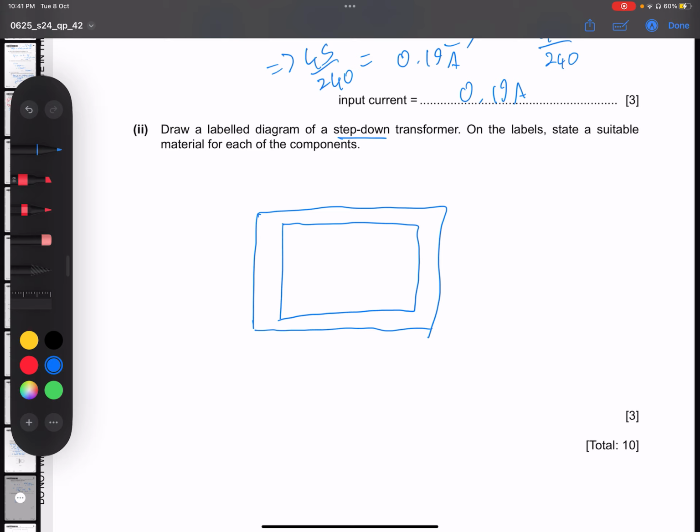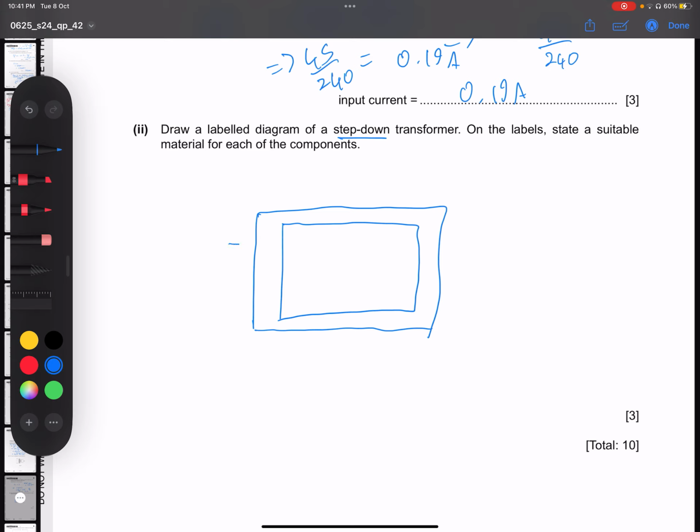So a transformer works by linking the primary coil and the secondary coil through the magnetic flux. Magnetic flux is the rate of change of the magnetic field between the two coils. So when there's a rate of change of magnetic flux on one coil, the current in the primary coil is transferred to the secondary coil. And the soft iron core is just for efficient linking.